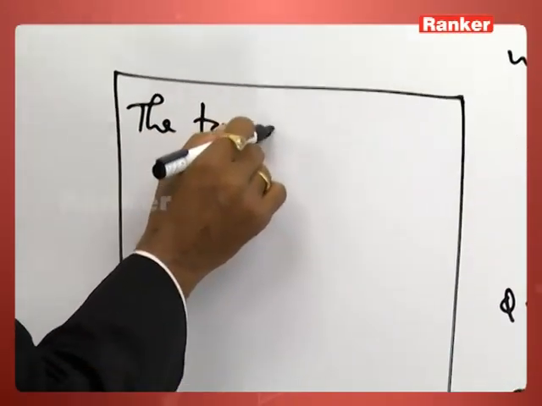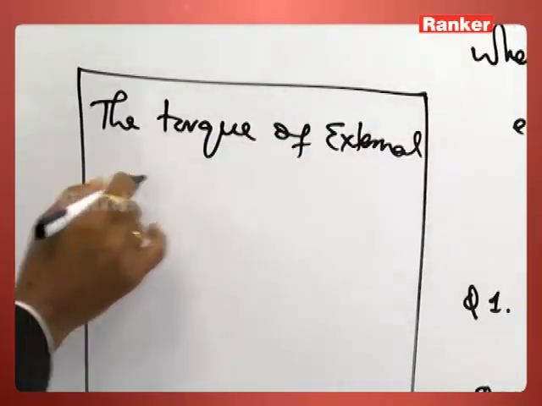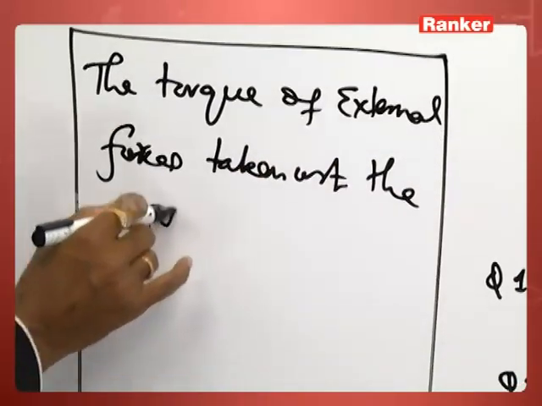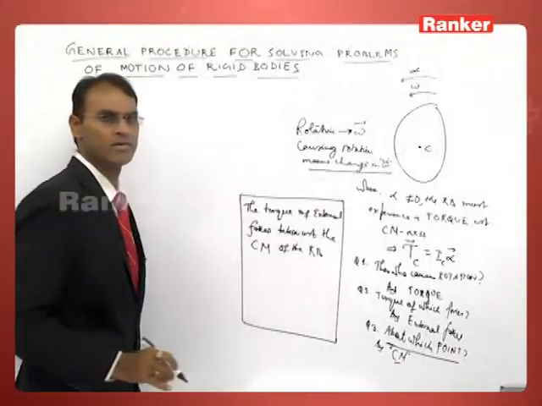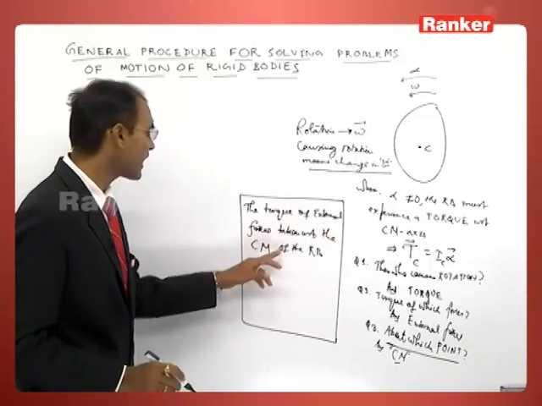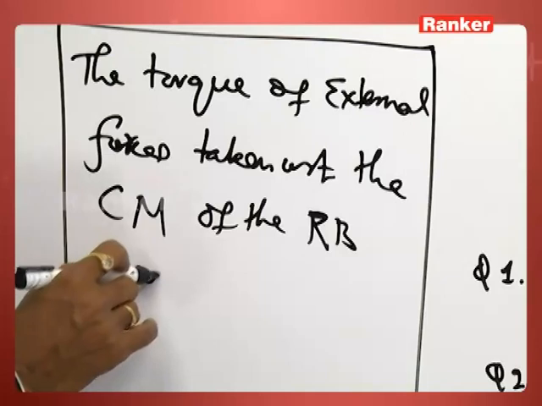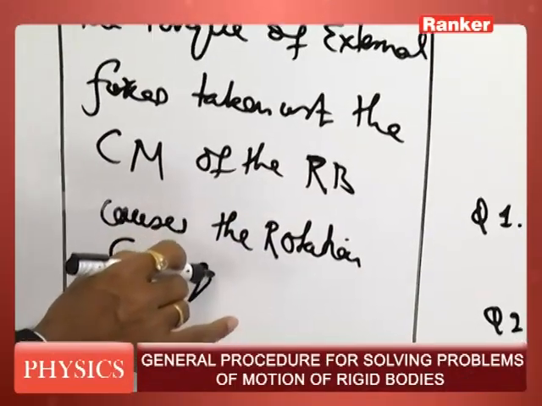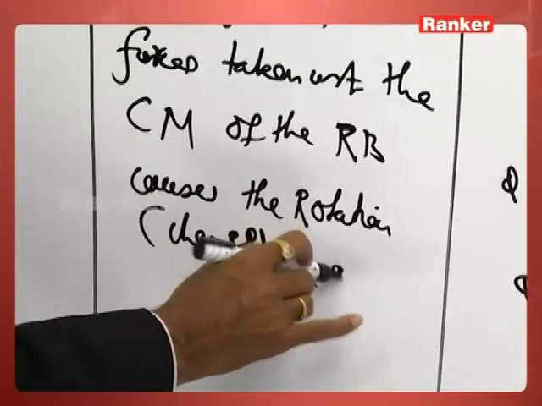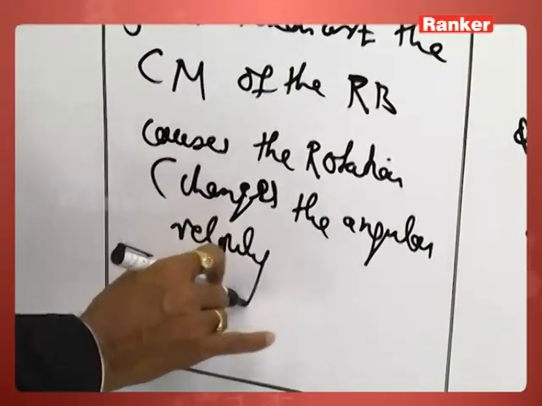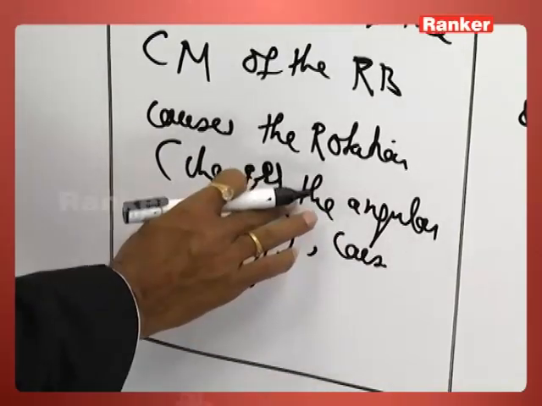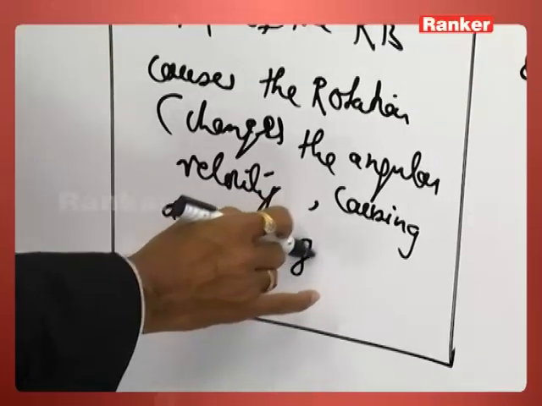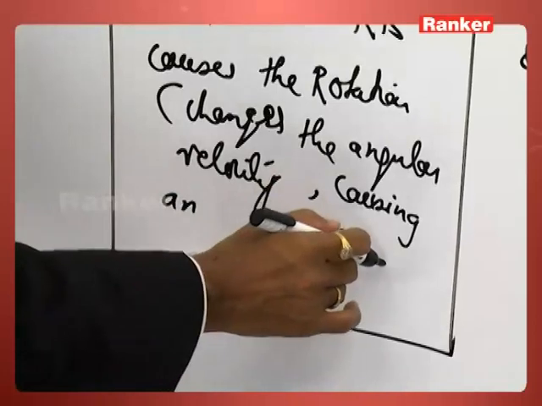The torque of external forces taken or measured with respect to the center of mass of the rigid body causes the rotation, means changes the angular velocity, causing an angular acceleration.